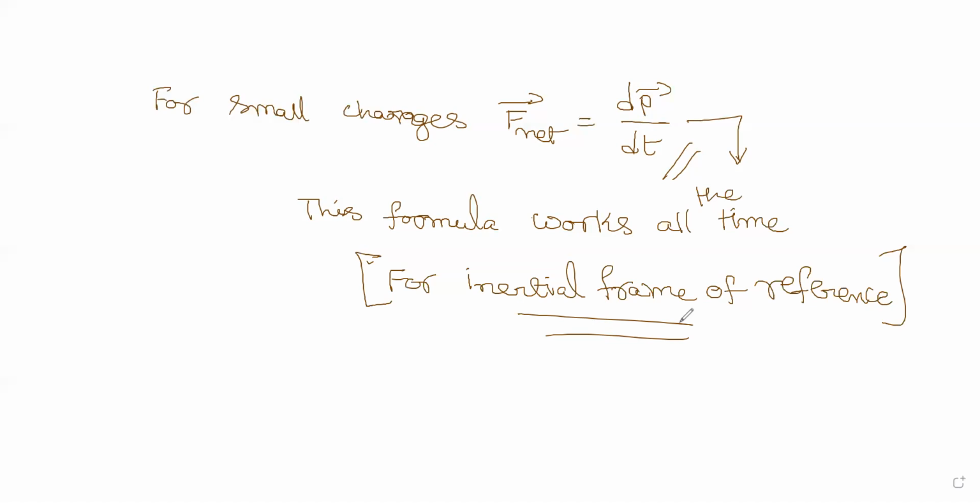The first thing is that this inertial frame of reference itself is non-existing. Nothing is an inertial frame. First of all, inertial refers to, in a simple sense, suppose a car is moving like this.